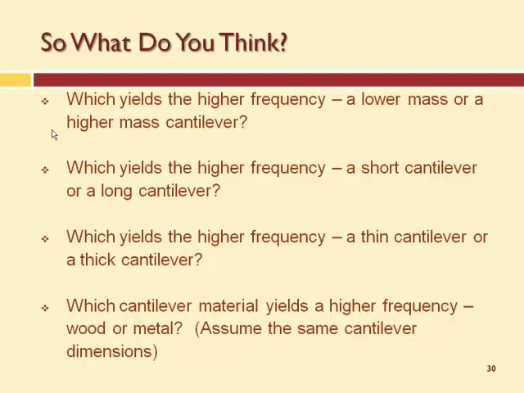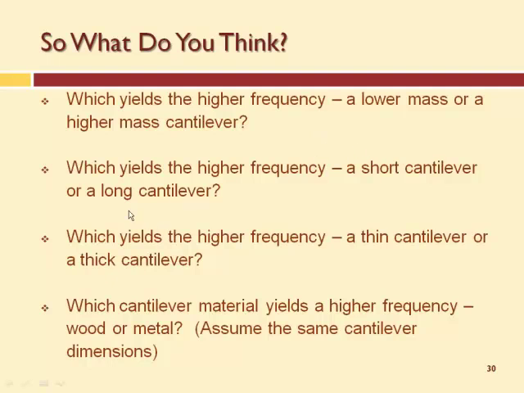Okay, so thinking back on that square root of K over M, which yields a higher frequency, a lower mass or a higher mass cantilever, if we leave everything else the same? Lower mass will give you a higher frequency because it's in the denominator. A short or a long cantilever? Remember K?